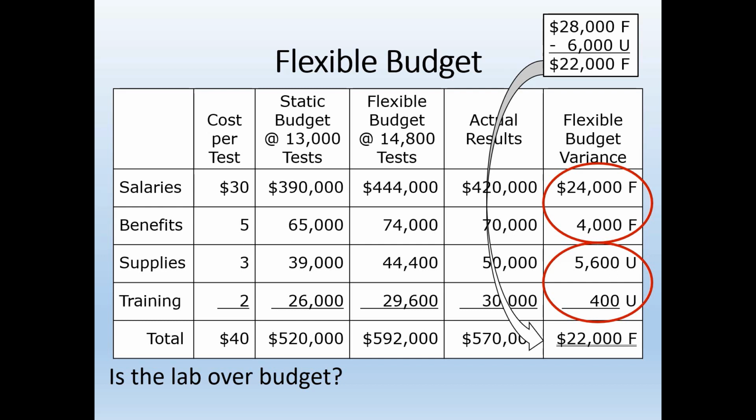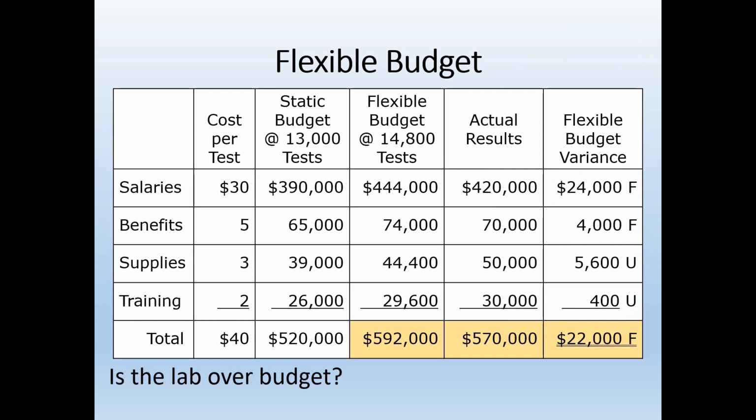In other words, a total of $28,000 favorable variances minus $6,000 of unfavorable variances gives us a total of $22,000 favorable flexible budget variance.